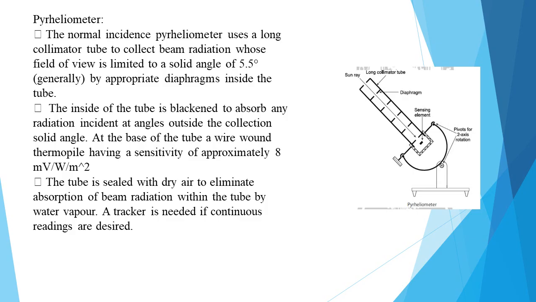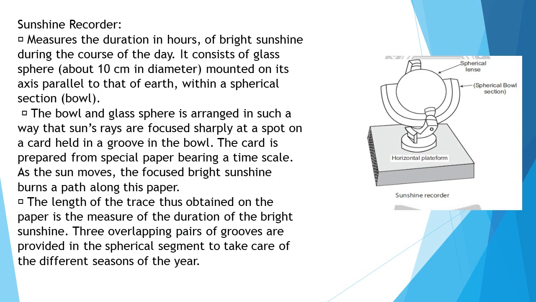At the base of the tube, a wire wound thermopile having a sensitivity of approximately 8 millivolt per watt per meter square. The tube is sealed with dry air to eliminate absorption of beam radiation within the tube by water vapor. A tracker is needed if continuous readings are desired.